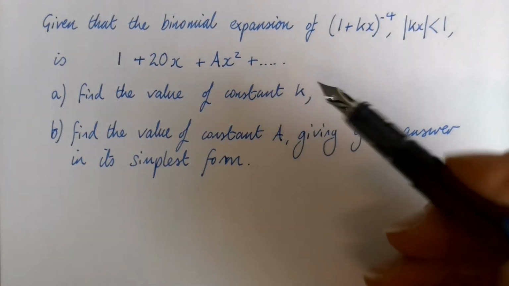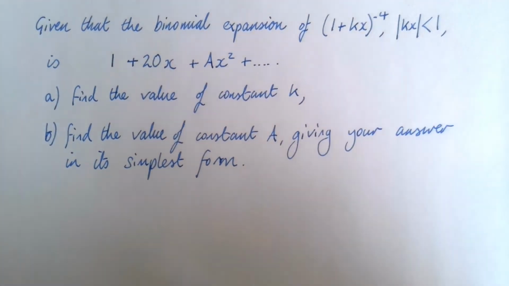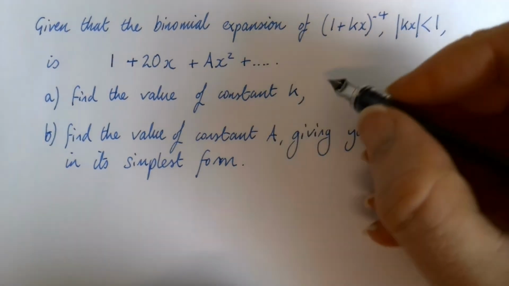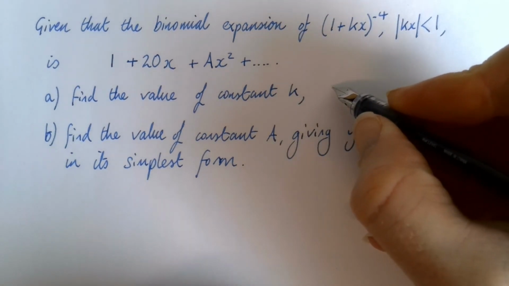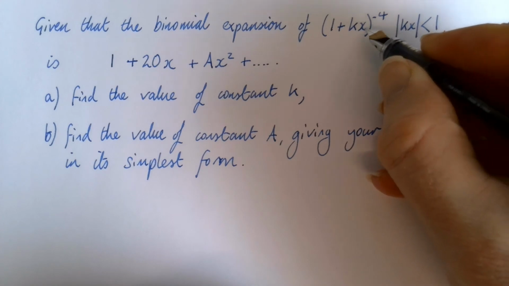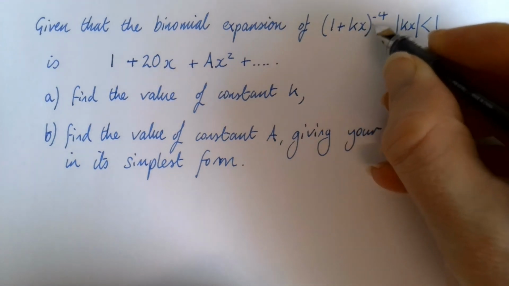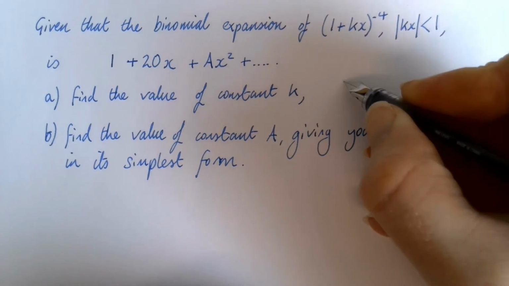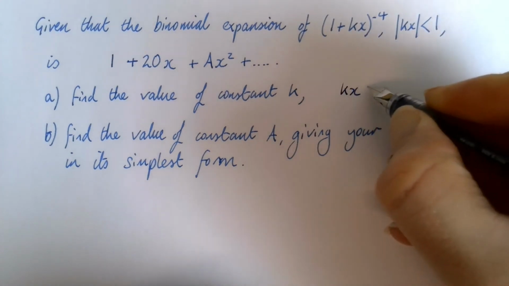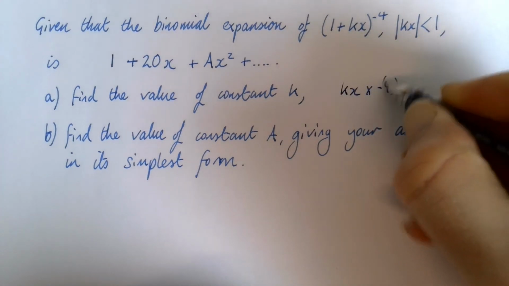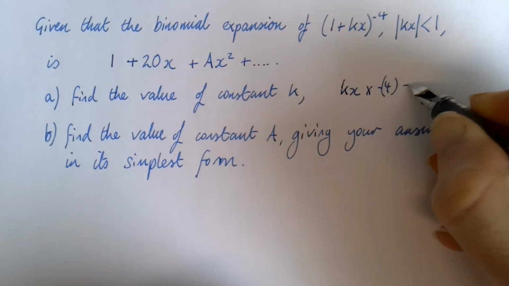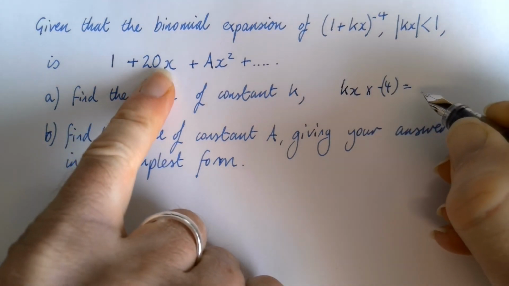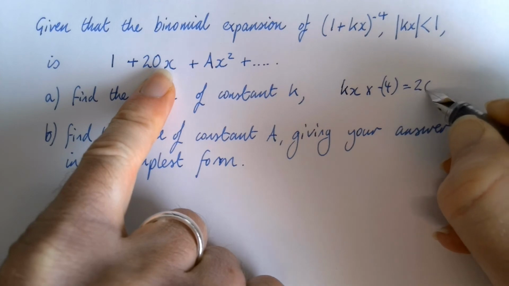But we don't, so what we know is, in order to get that, we would be timesing kx, we times our number there, so instead of just being x, it's kx, so kx times negative 4 is giving us 20x.